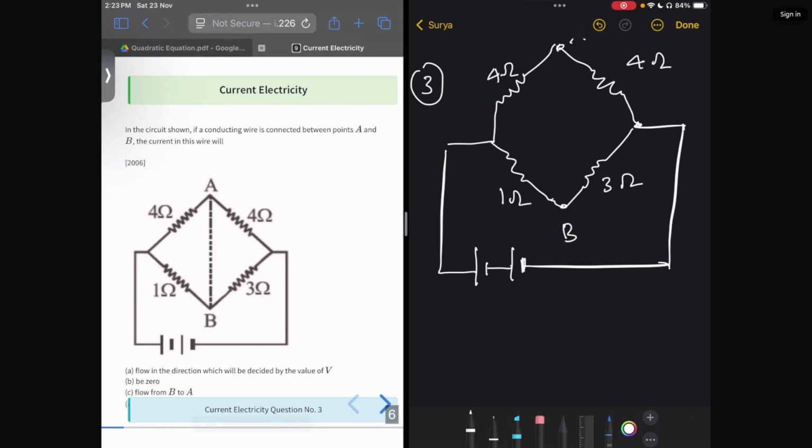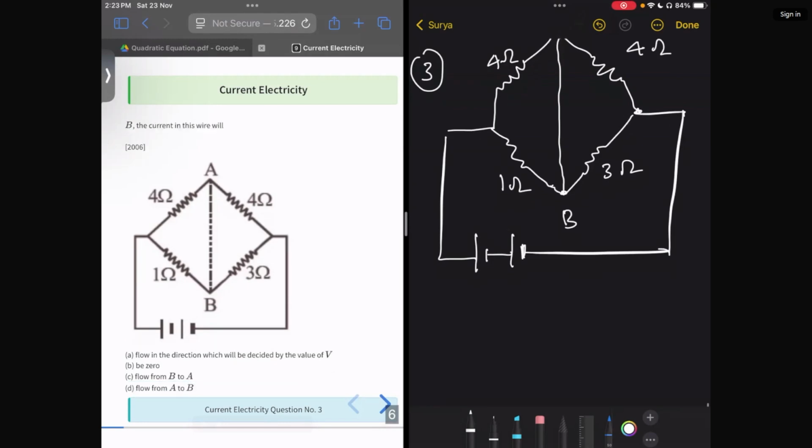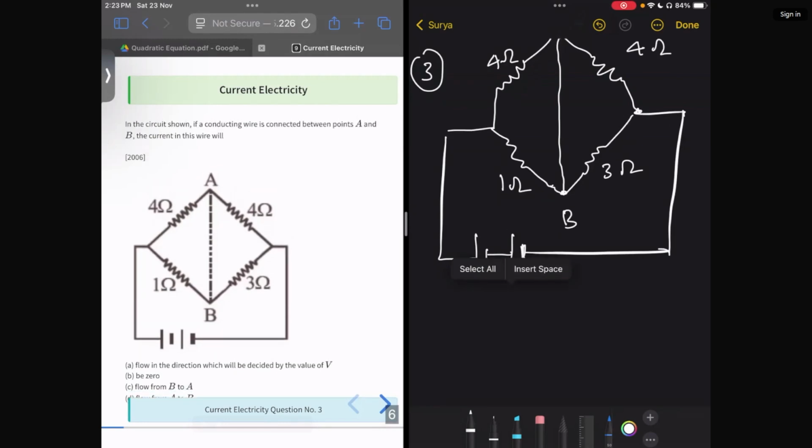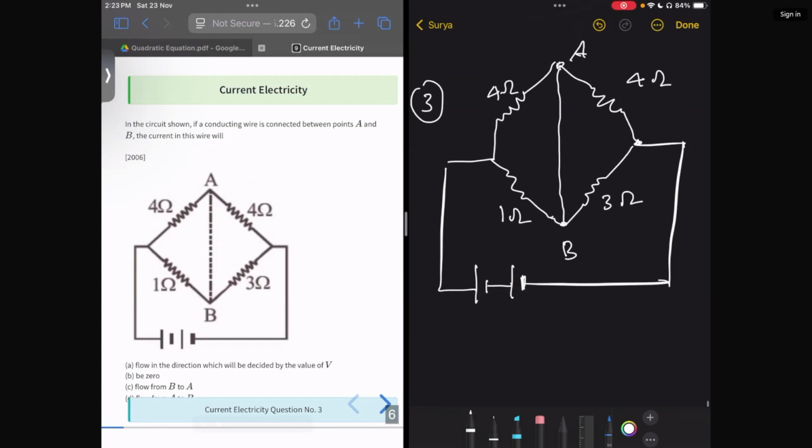So what is happening here? There is a connecting wire between points A and B. So in which direction will the current flow? A to B, B to A, or will there be no current? So let's see whether it is a Wheatstone bridge or not. 4 by 1 and 4 by 3 are not equal.